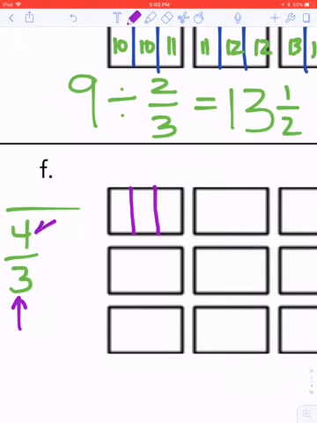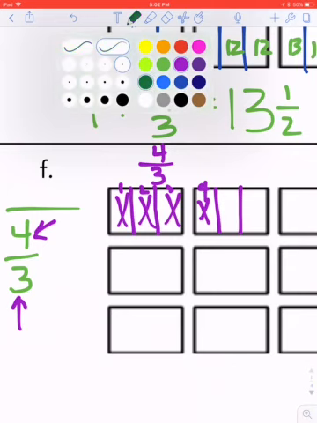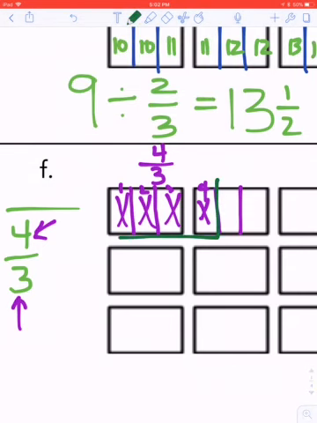And I need 4 thirds. So here's 1, 2, 3. So I need to jump over to my next block of cheese. And I need to split that up into thirds. And I need 1 more third. So total I have 1, 2, 3, 4 thirds here. And that is 1 pizza.